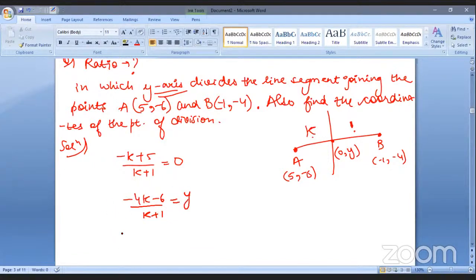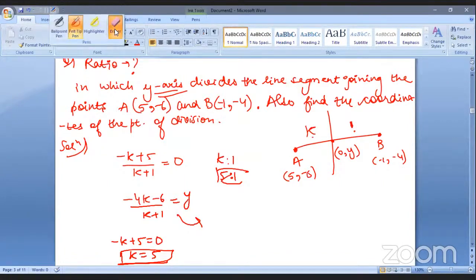So -k + 5 is equal to 0. k comes out to be 5. Now once k comes out to be 5, k:1 is the ratio, so 5 is the ratio. Oh, so sorry, my pen is working on its own. 5:1 is the ratio, right?